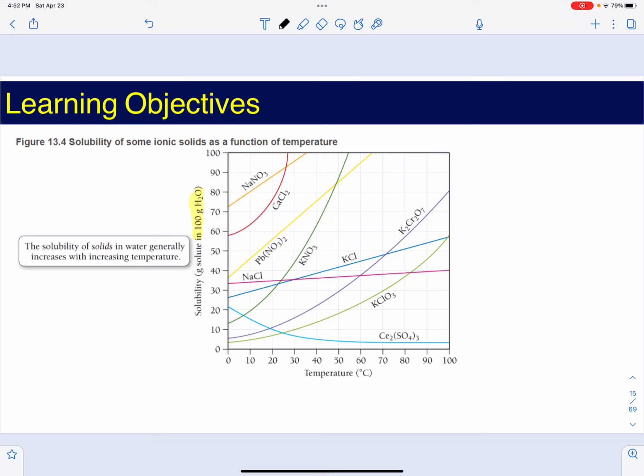And this is what we tend to observe. With the exception of cesium sulfate, all the others, as you increase the temperature, the amount of solid that you can dissolve increases, as the graphic shows for every one of them except cesium sulfate. I once asked a physical chemist, who knows a lot more than me, how come this one doesn't follow this trend?